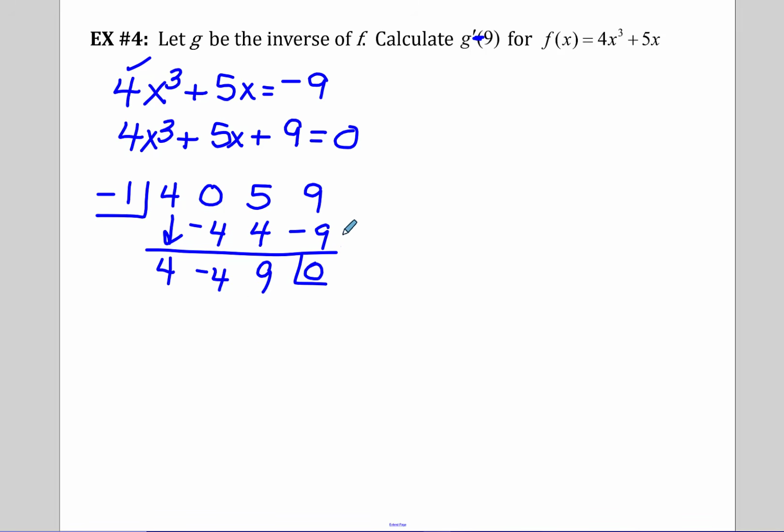So if inverses have reciprocal slopes, we know a 0 here, right?